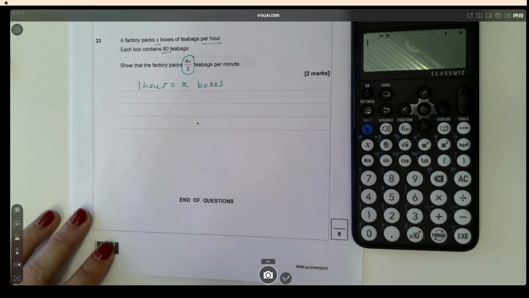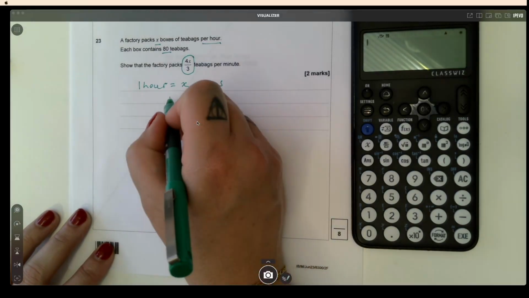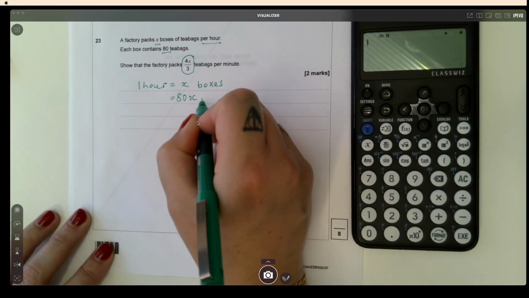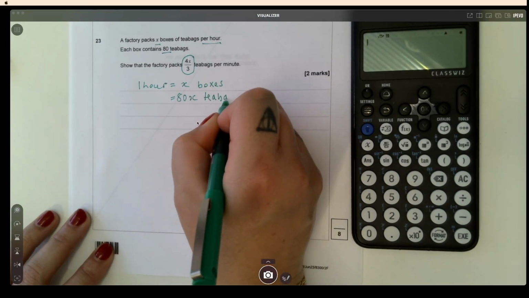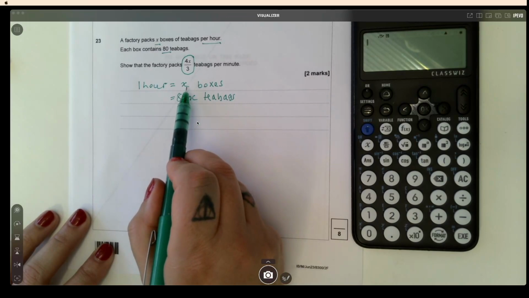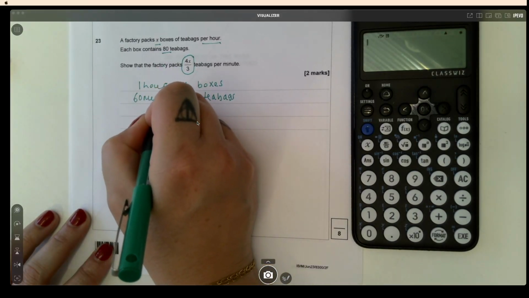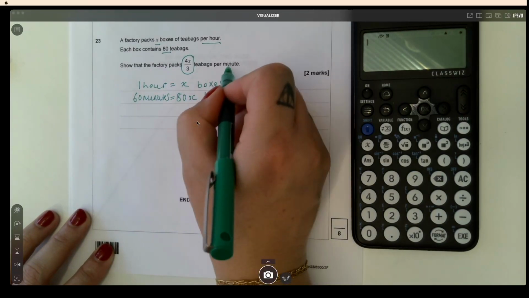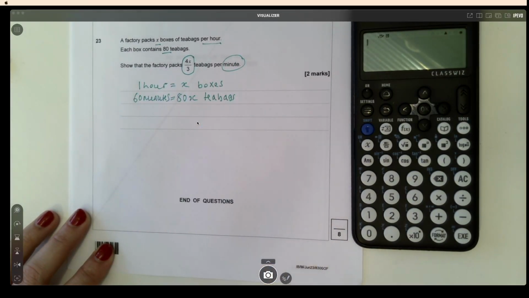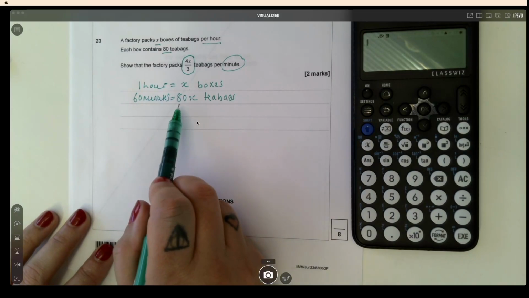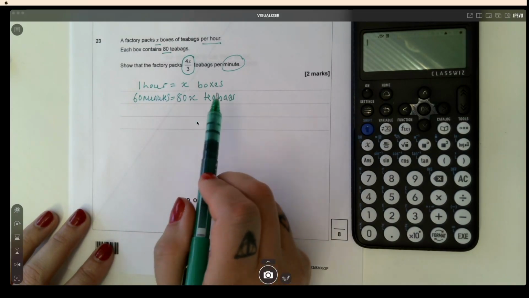So 1 hour means we have 80 times x tea bags, because each of those x boxes contains 80 tea bags, and that's in 60 minutes, because there's 60 minutes in an hour, and we're aiming to work in minutes here, aren't we? So after 60 minutes there are 80x tea bags.